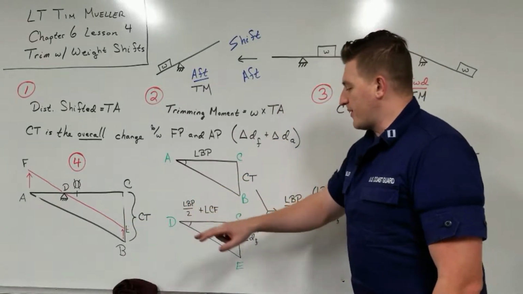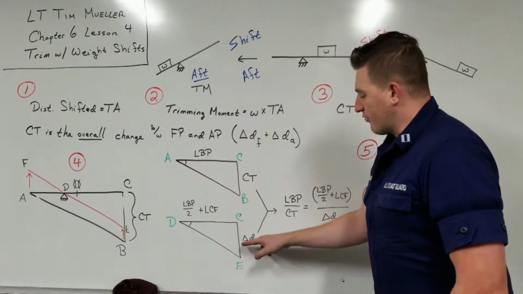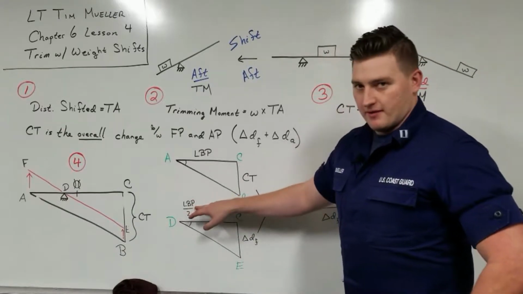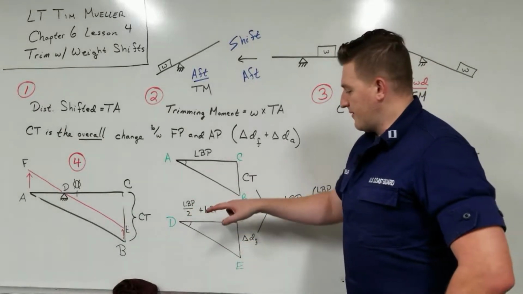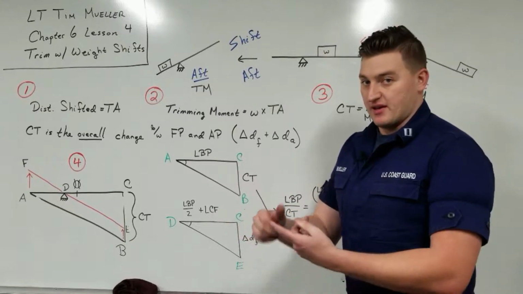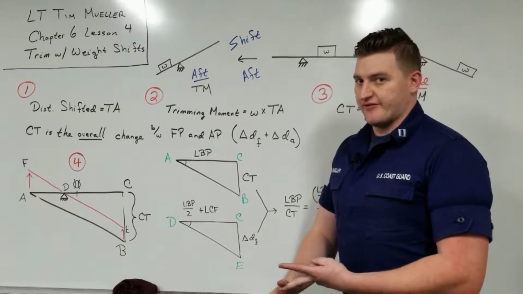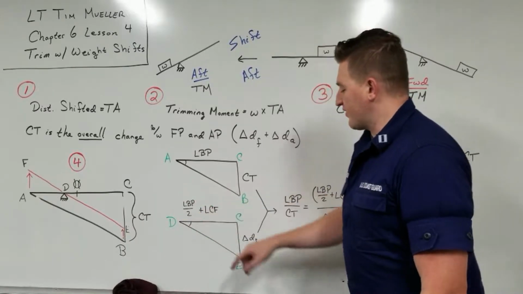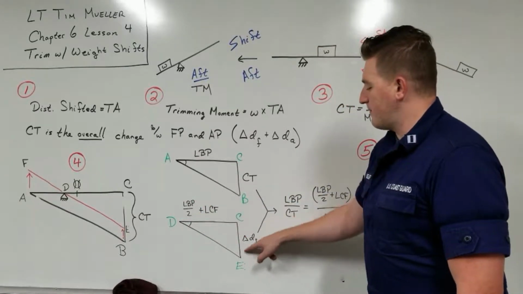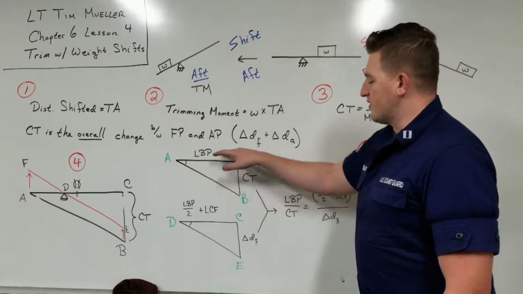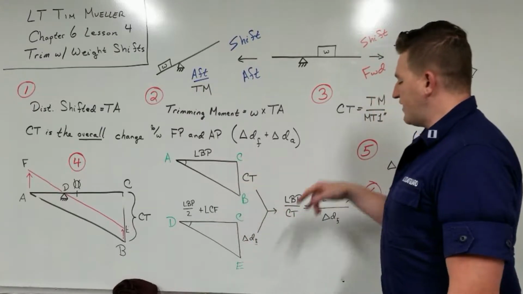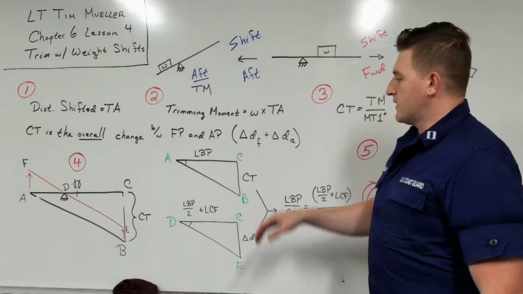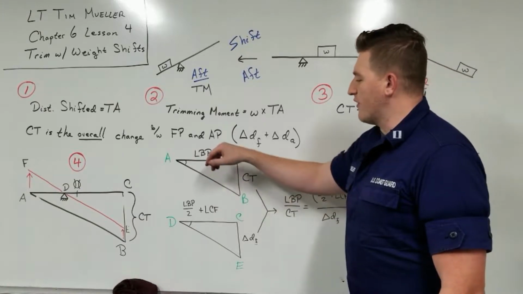So we have LBP divided by 2 plus LCF, and we have delta D forward here. We know LBP. We've already been given that in the prompt. LCF is something we've either been given in the prompt or we can find from our draft diagram functions of form. So we know this entire side length. We're trying to solve for this. If we set these ratios up, now we can start getting somewhere. I said the tangent was CT over LBP.